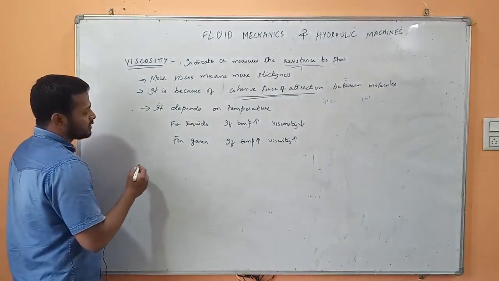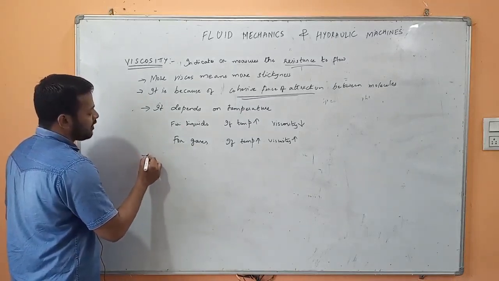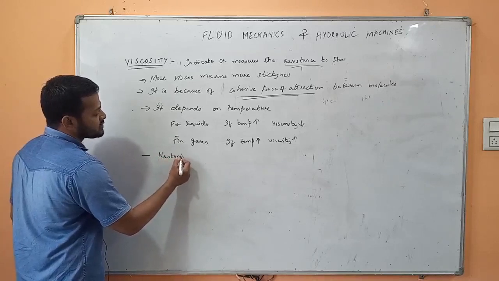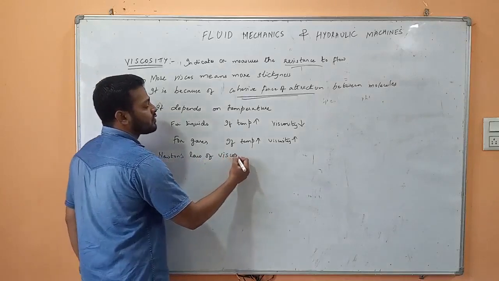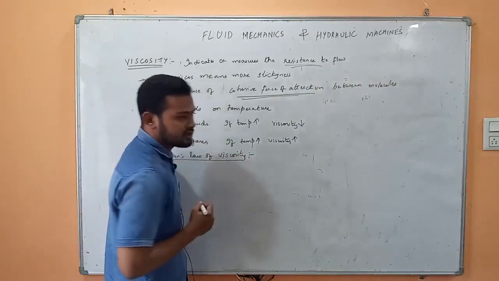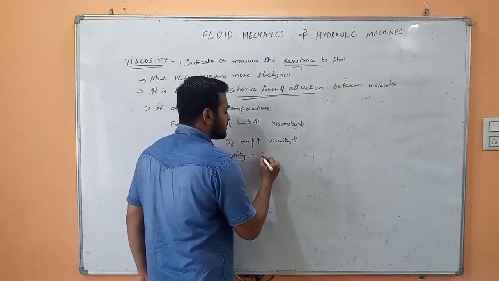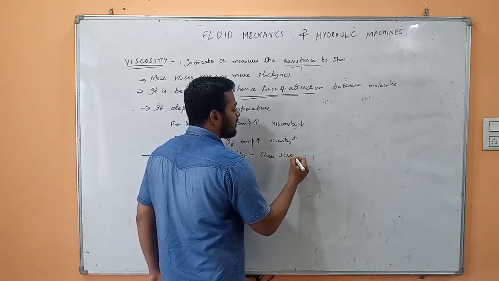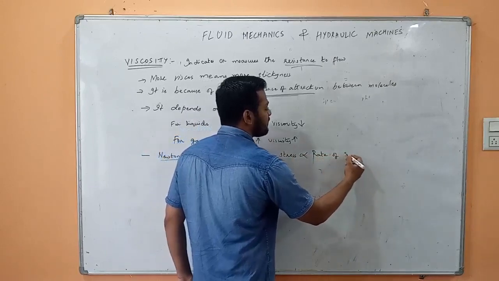Next property is, you have a law for this which was given by Newton. There is a law called Newton's law of viscosity. Newton's law of viscosity states that shear stress in a fluid element is directly proportional to the rate of shear strain.